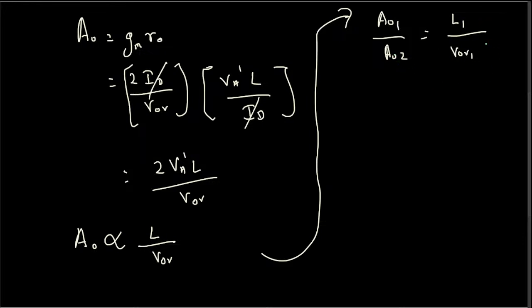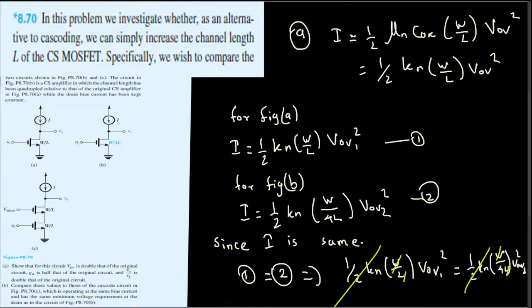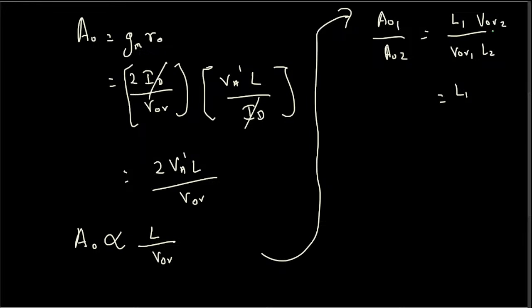Whatever value is on top will be in the bottom, L2, and whatever value is in the bottom will be on top, V_ov2. L1 we keep as it is, and then V_ov2, we are trying to bring in like terms so we can cancel something.